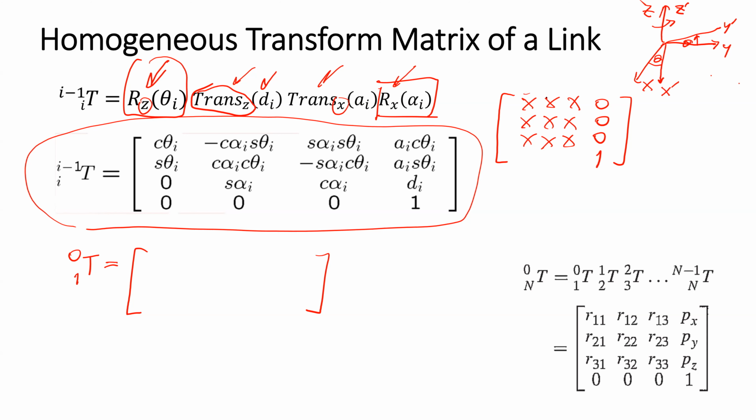the rotational matrix here is x prime dot x, x prime dot original y, x prime dot original z in the first column, and then y prime dot x, y prime dot original y, y prime dot original z.